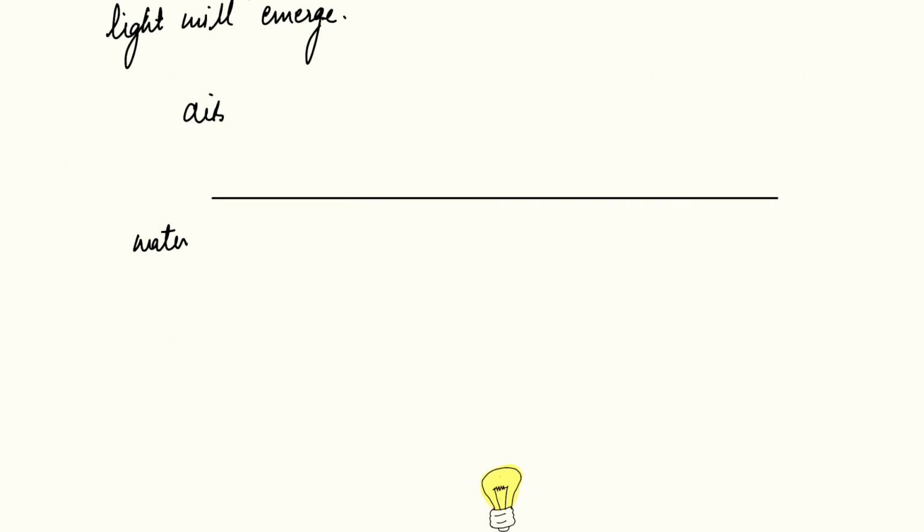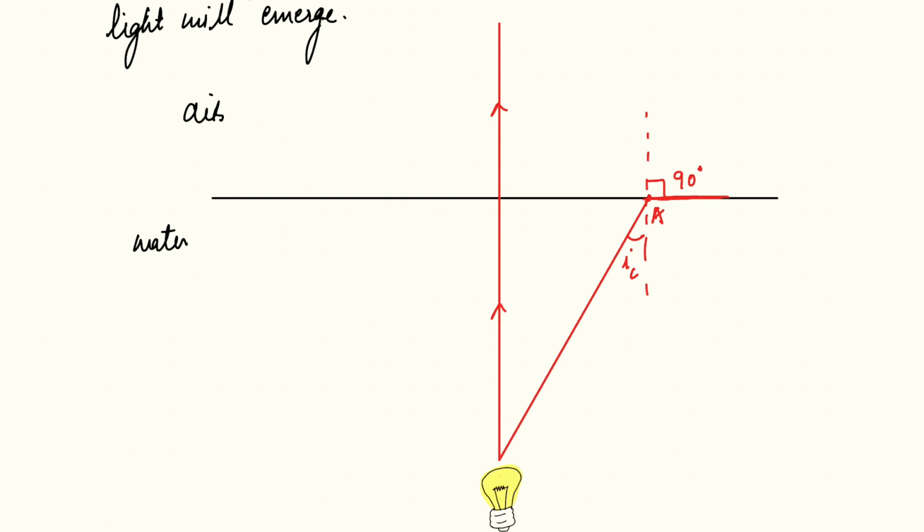So what is going to happen? First of all, let me make the normal incidence here. The light ray going normal will go like this, and let's say this is my critical angle at this point. Let me say this is my point A. At this point, this is my critical angle, and the angle of refraction is 90 degrees, and your refracted ray will be along the interface, right?